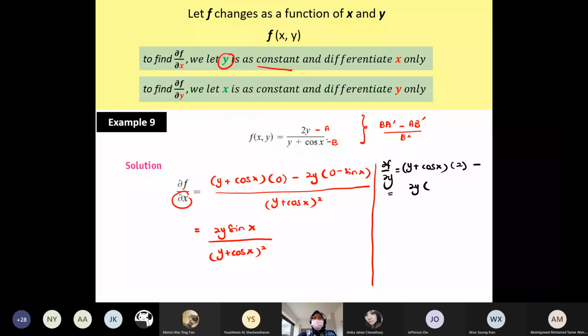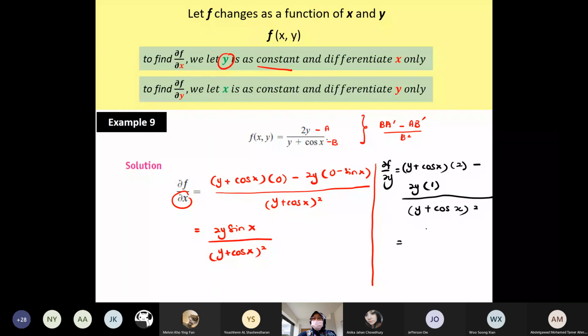So cosine becomes 0, and differentiate y is equal to 1. So over y plus cosine x square.